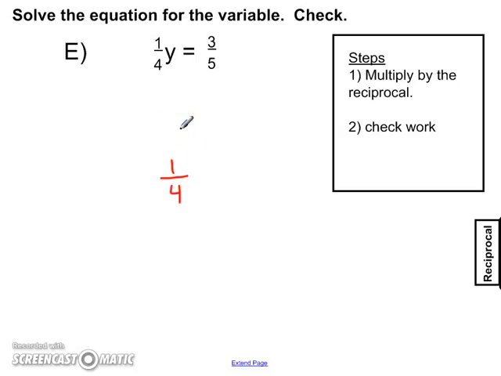One of the things about any number is that any number times its reciprocal is always equal to 1. So the reciprocal of 1/4 is 4/1. It's the fraction flipped upside down. Notice if I multiply the number by its reciprocal, 1 times 4 is 4, 4 times 1 is 4, but 4 divided by 4 is 1. So any number times its reciprocal is 1.